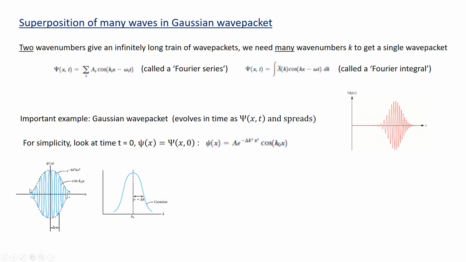So we can see that we have this wave packet where the outline is given by the Gaussian shape, e to the minus delta k squared delta x squared, and the individual oscillations are given by the cosine of k naught x.